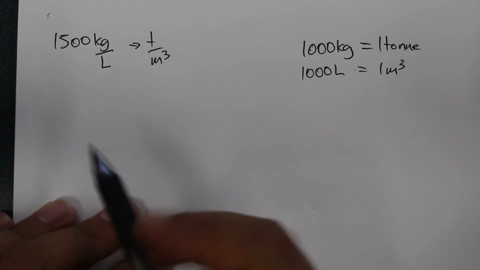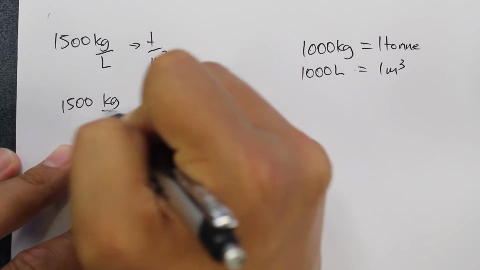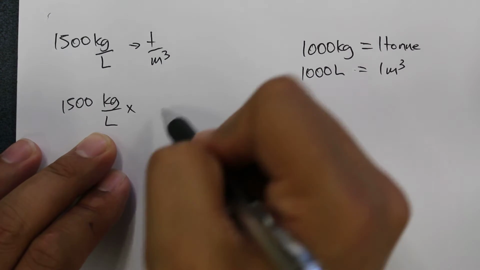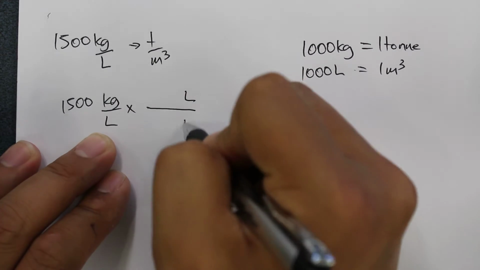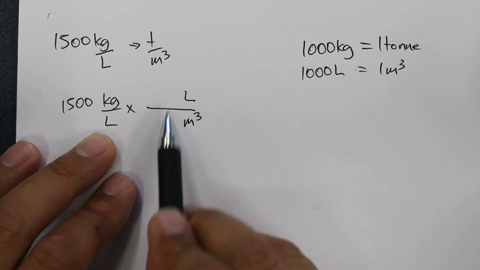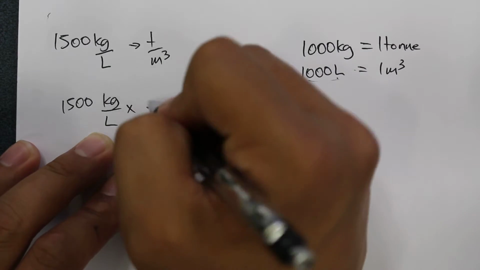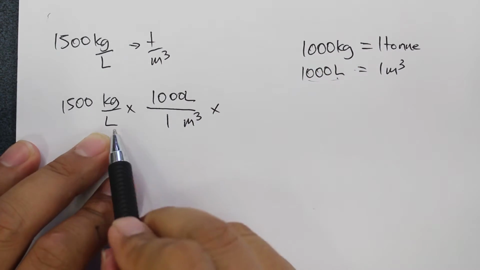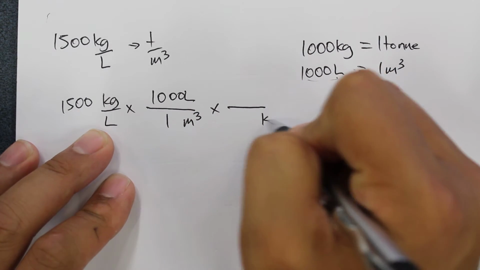Alright, so here we can write down 1,500 kilograms per litre. We want to multiply by something which will cancel the litre unit and replace the litre unit with a meter cubed unit. And then we need equivalent values on the top and on the bottom. So we know that there is 1,000 litres in 1 meter cubed, and 1 meter cubed in the bottom. And then the same for trying to cancel the kg unit. So kg is on the top, we put kg on the bottom.